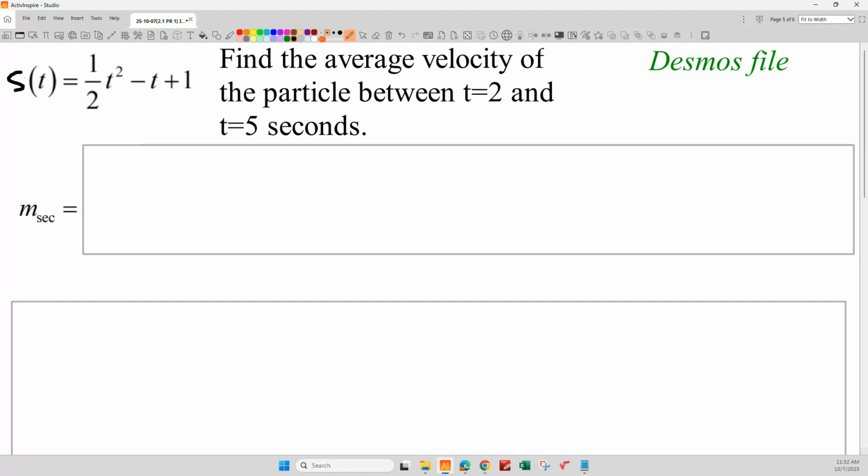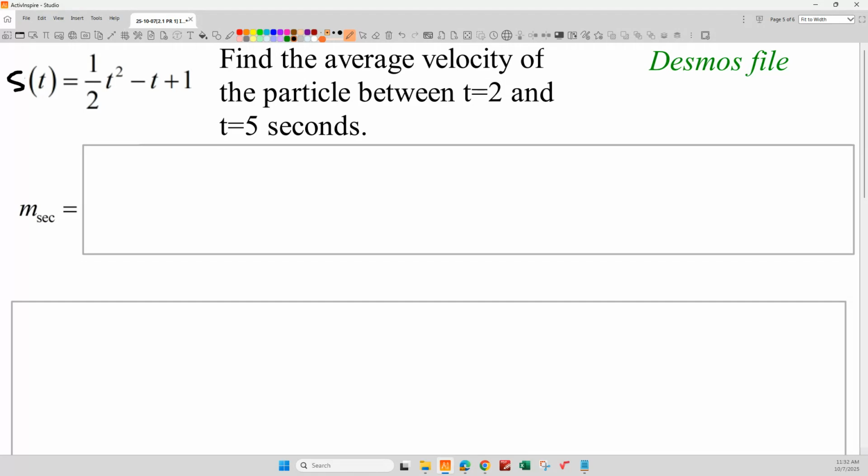So if we want to find the average velocity of the particle between these two times, t equals 2 and t equals 5, how would I do that? Think about that for a second. What's average velocity again?